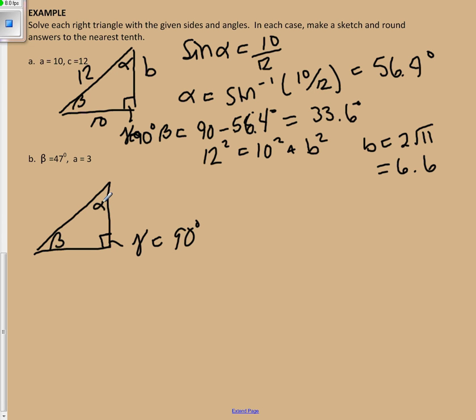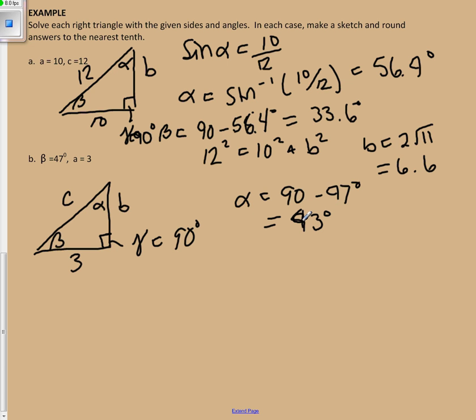Across from alpha is my side A, which is 3. I'm missing C, and I'm missing B. But I can find my alpha right away. Alpha is going to be equal to 90 minus 47, which for us will be 43 degrees.